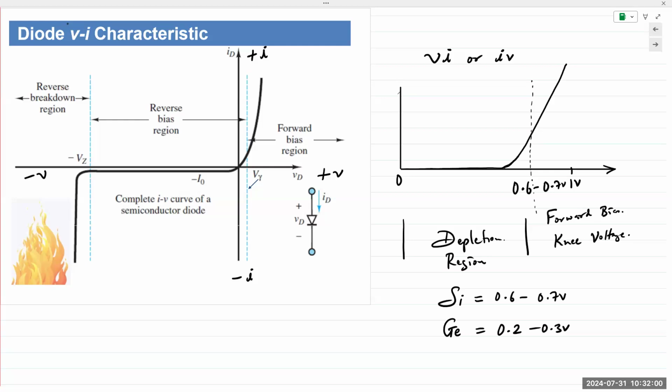So the question being asked is, once we apply an external voltage, do the electrons and holes acquire enough energy to actually move across the junction and recombine? They would kind of leave the diode in that sense.